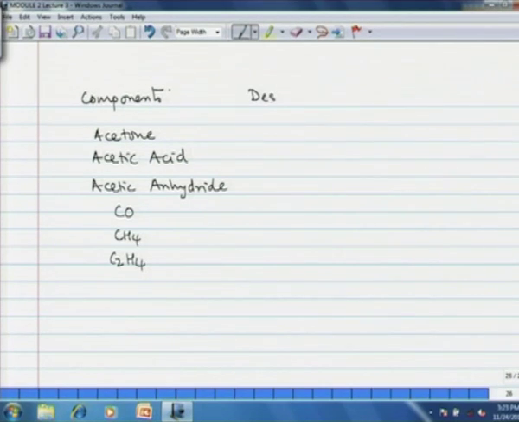Their destinations are as follows. The gaseous products, carbon monoxide, methane and ethylene, are used as fuel. They are byproducts of the process and they undergo captive consumption as fuel.